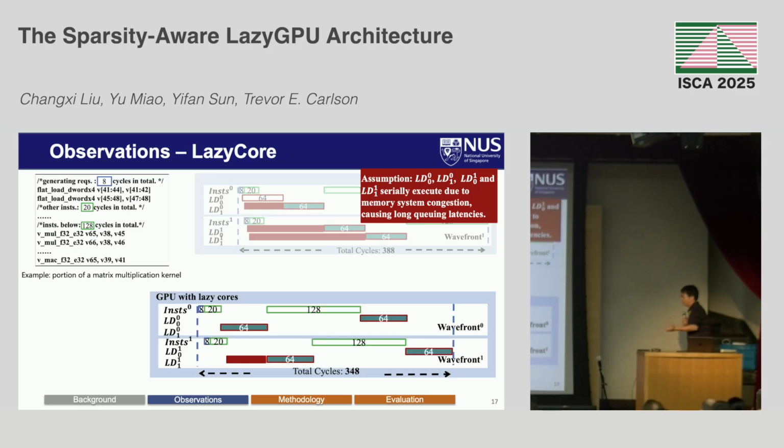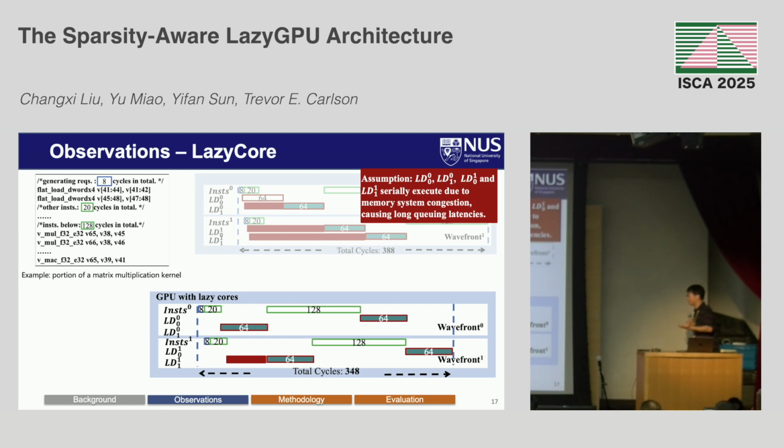Okay, so then we give an example to show how a GPU with lazy core works. It is the same workloads, and we found that since we issue them on demand, only the first memory request of warp 0 and warp 1 conflict with each other.